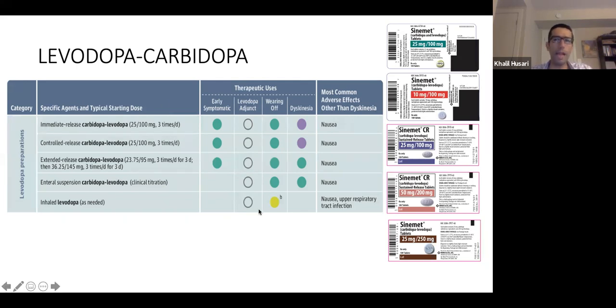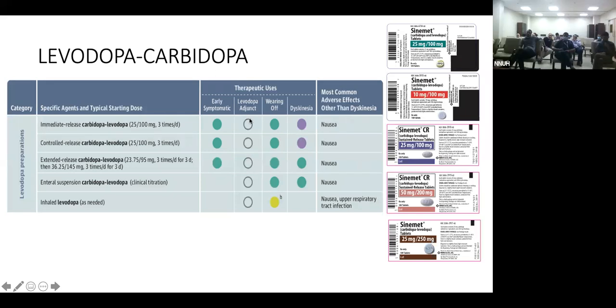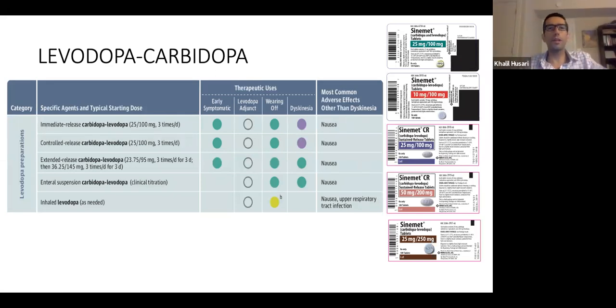And the key for starting Sinemet is a super slow titration. So I usually start half a tablet, and some people actually start a quarter tablet. I usually start once a day.